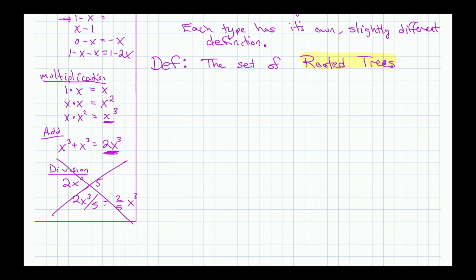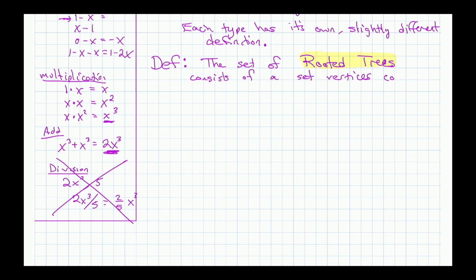So the set of rooted trees consists of a set of vertices, and we'll look at what these mean, a set of vertices containing a distinguished, special vertex called the root, and edges connecting these vertices.